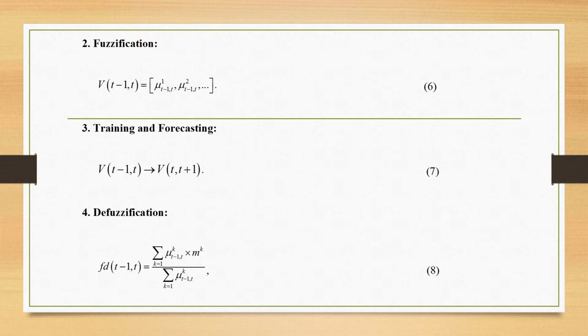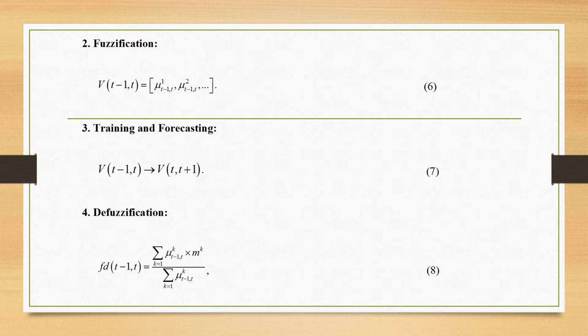Fourth, defuzzification. Weighted averages are applied to specify the degrees of membership. In equation 8, Fd t minus t is the forecasted differences between t minus 1 and t.